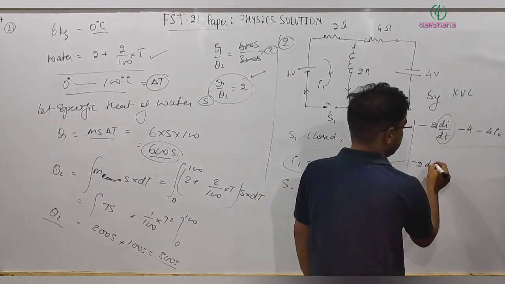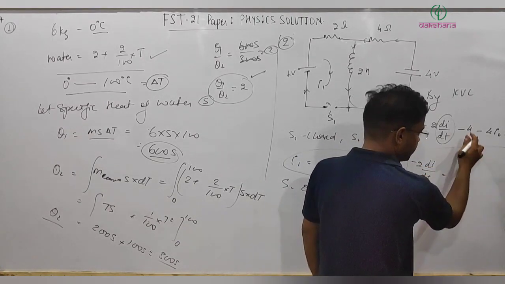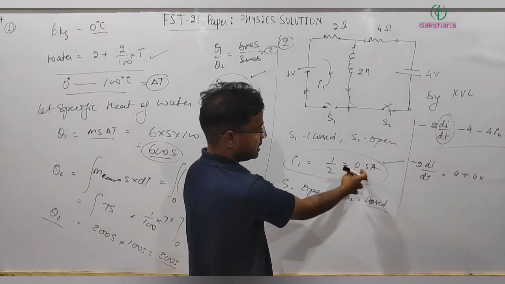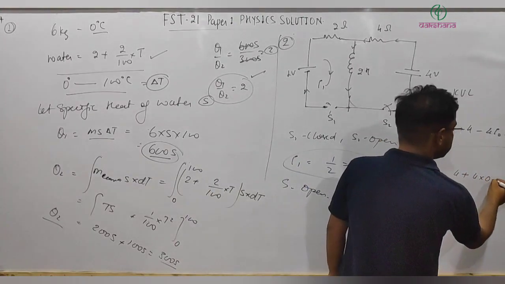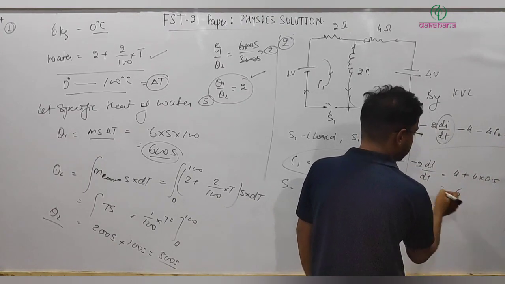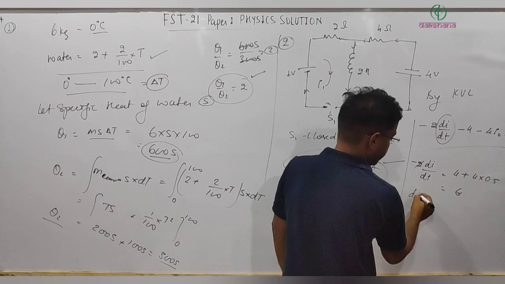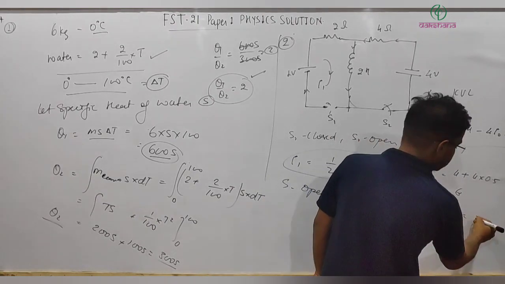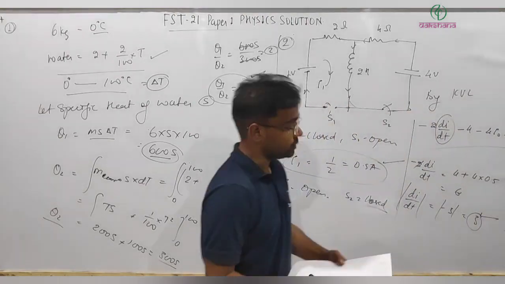So minus 2 into di by dt is coming out to be 4 plus 4 into I naught, we already got that to be 0.5. So simply substituting it here, we are getting 4 plus 2, it's 6, and dividing, di by dt I am getting minus 3, mod, then it will be simply 3. So that is your answer for question number 2.